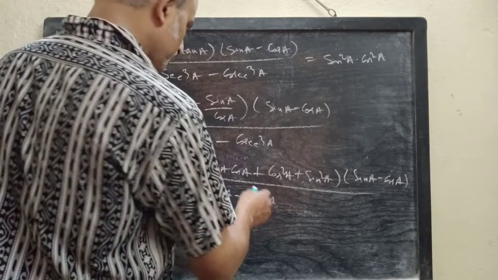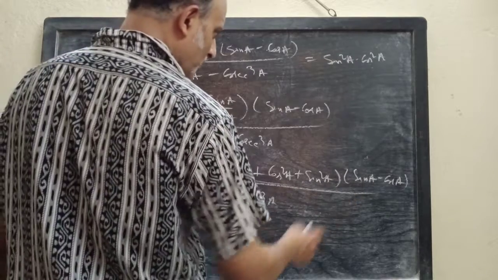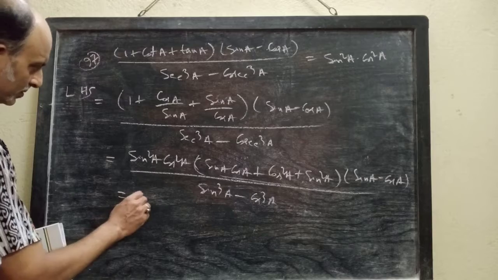Now look, AB plus A square plus B square into A minus B. So this becomes A cube minus B cube.